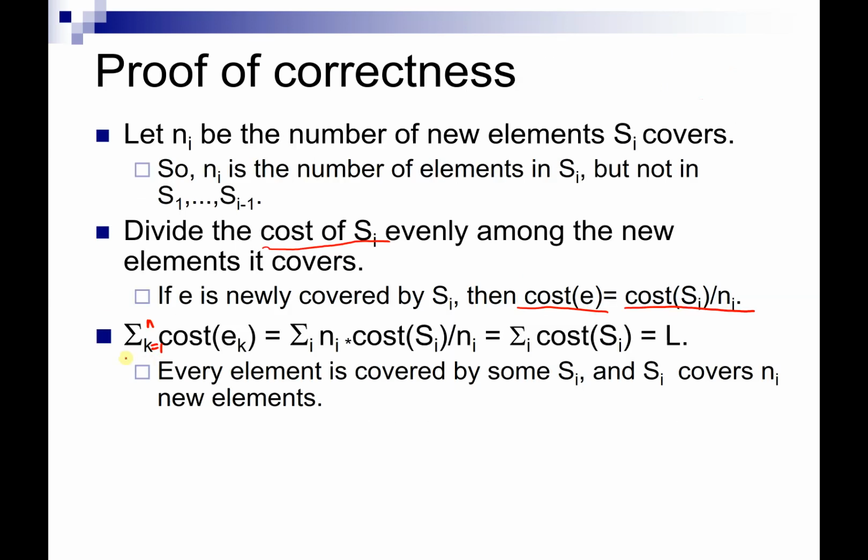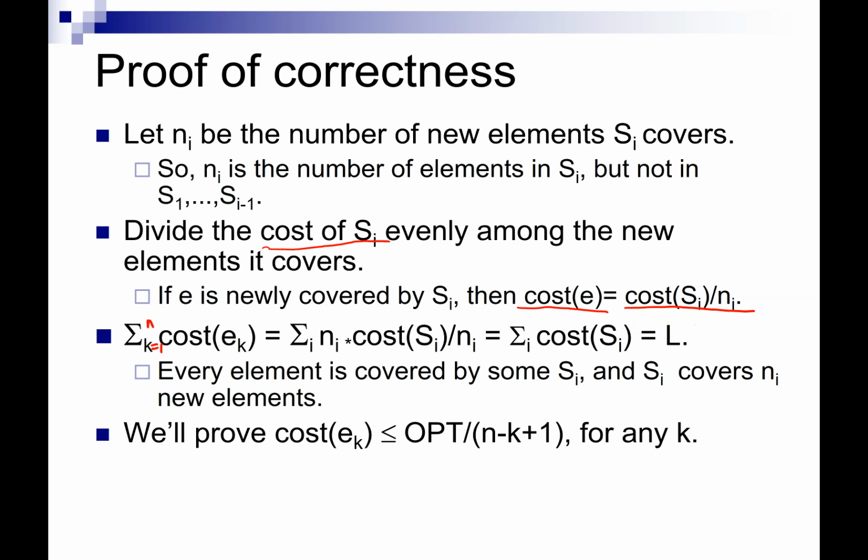Therefore the sum of the cost of all the elements is equal to the number of new elements covered by Si times the cost for those elements covered by Si. If you multiply this, this is equal to the sum of all of these Si's, and that's the total cost of the algorithm. So let's call that L.